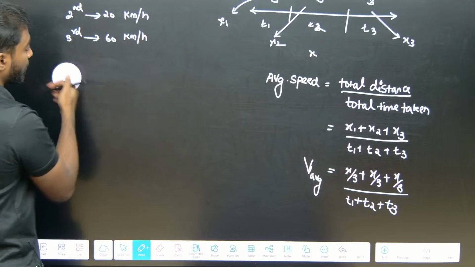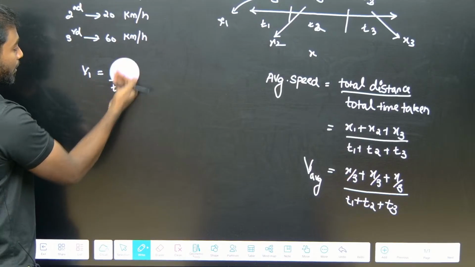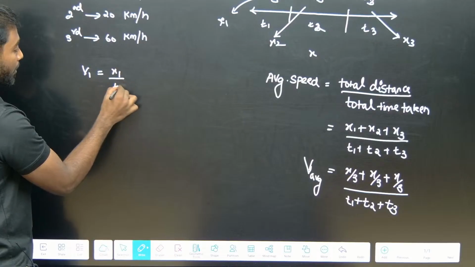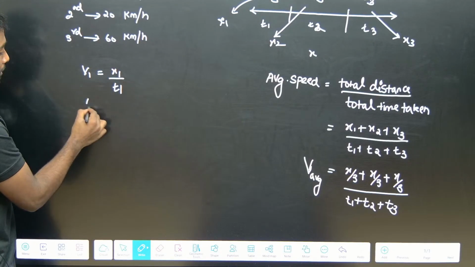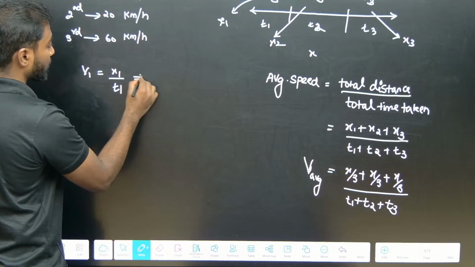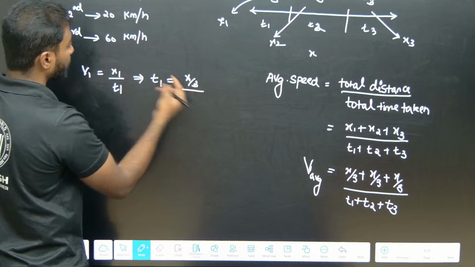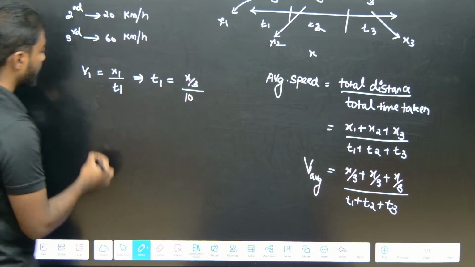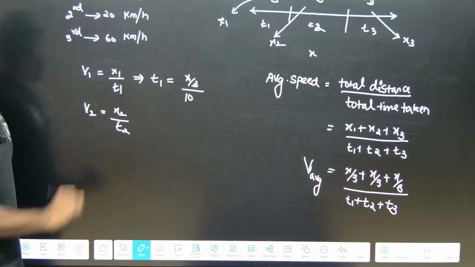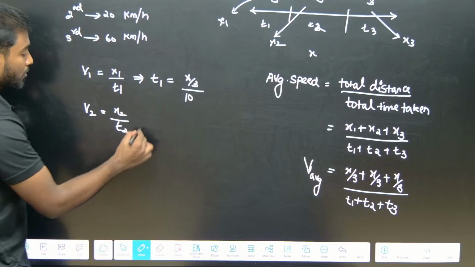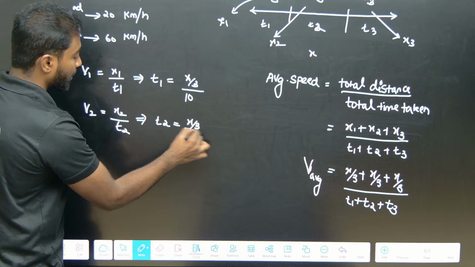So for the first distance, let me take V1 equals D1 by T1, or x1 by T1, right? So T1 will be equal to x1, which is x by 3, divided by V1, which is 10. V2 equals x2 by T2, so T2 will be x by 3 by 20.